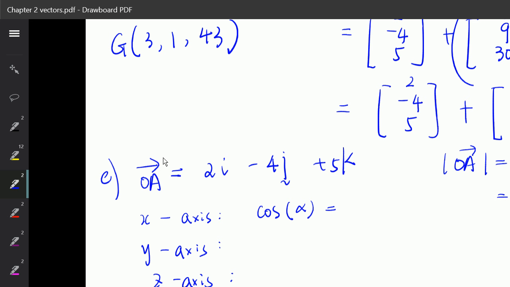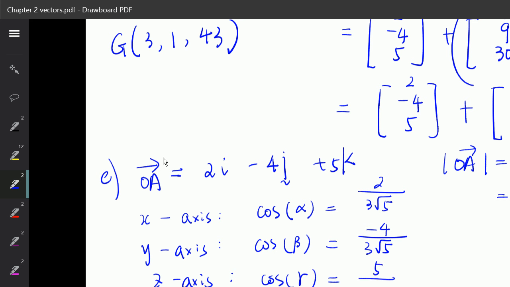Cosine alpha with the x-axis is 2 over 3 root 5. Cosine beta equals minus 4 over 3 root 5. Cosine gamma equals 5 over 3 root 5.